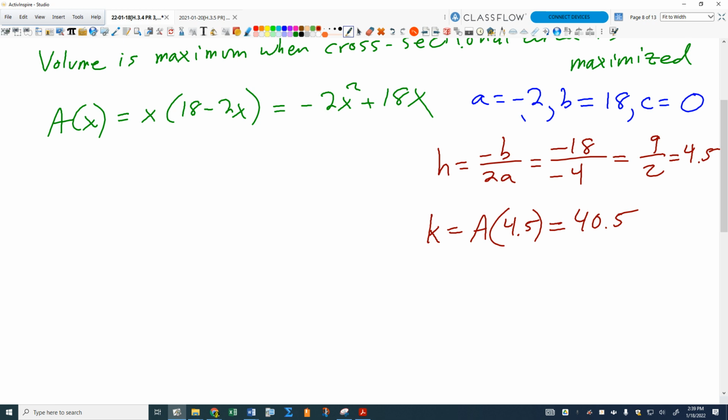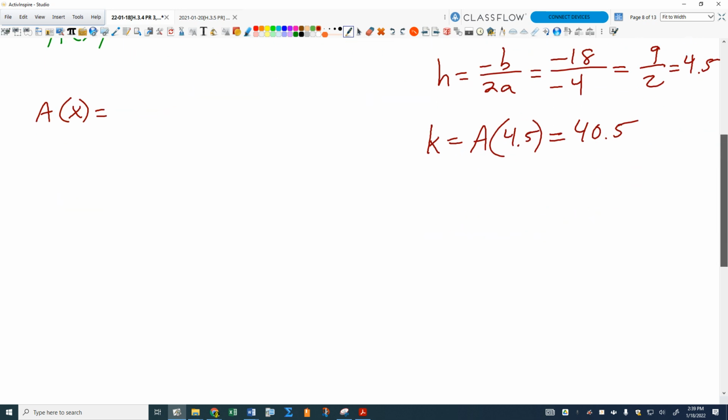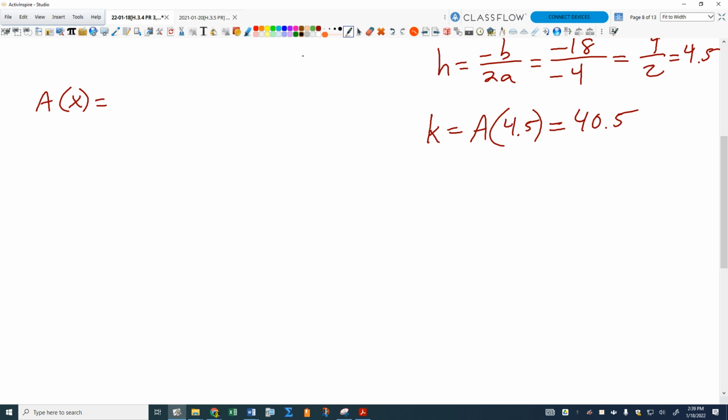Okay? So then in vertex form, what would this look like? It might not be a bad idea to start off just writing down what vertex form is and then plug in the parameters that you've calculated. So what is the template for vertex form? A of x equals a times x minus h squared plus k. Now I already know what a is.